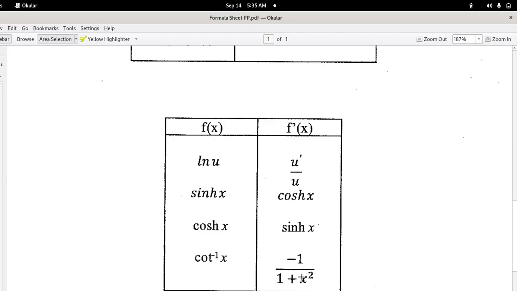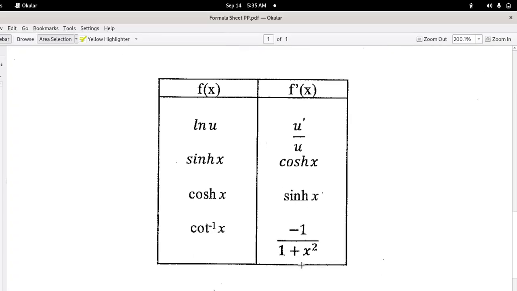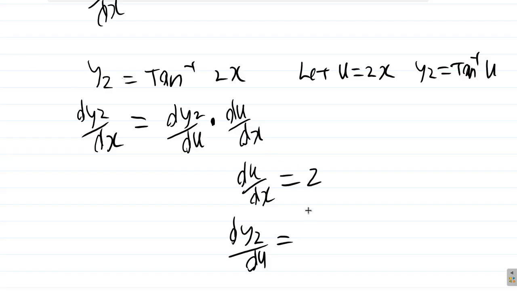So try and remember that, alright? They didn't give it in the formula sheet, but you can remember that. Try and remember. So it's 1 over 1 plus x squared. Although it's not x we're dealing with here, it's u. So it is 1 over 1 plus u squared. Alright?